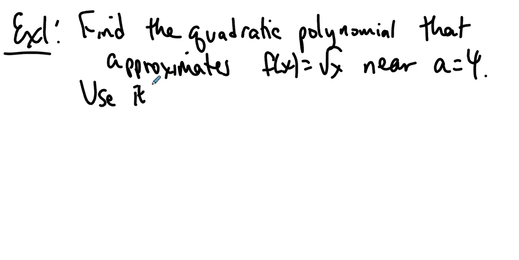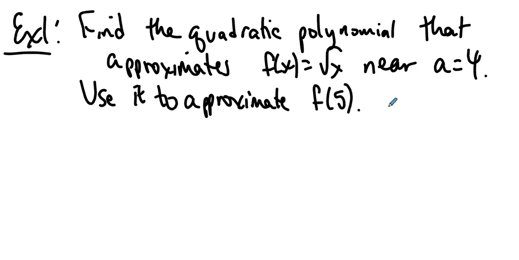Use it to approximate f of 5, and bound the error. So there's several things to do here.